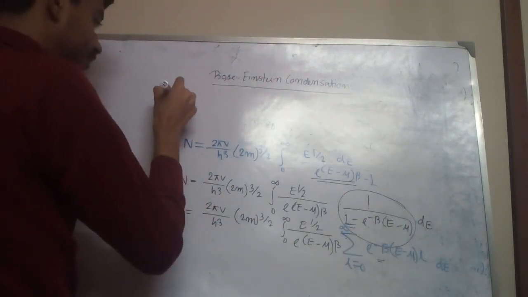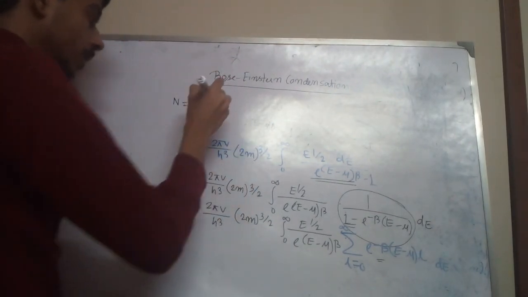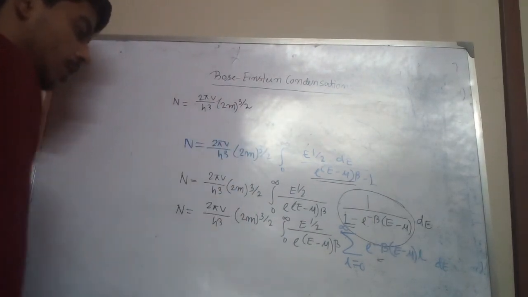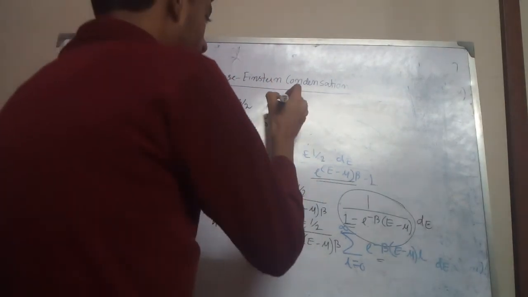So N equals 2 pi V by h cube, 2m to the power 3 by 2, integral from 0 to infinity of e to the power half.